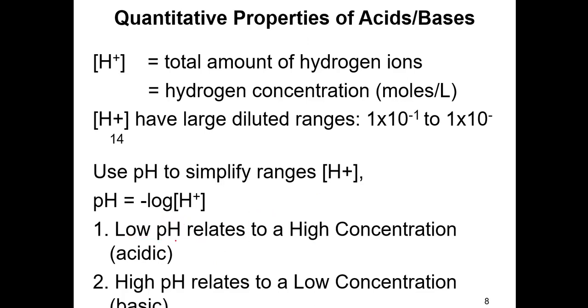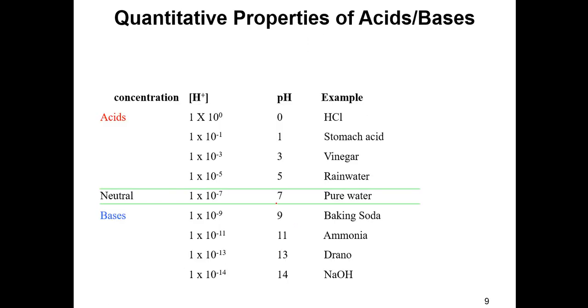So a low pH tends to have a very concentrated amount of hydrogen ions, and we say it's extremely acidic. Whereas a high pH tends to have a low concentration and it's basic. So it has that inverse relationship. So over here, highly concentrated, low pH value of 1, such as stomach acid. High pH value, that means it has a low concentration.